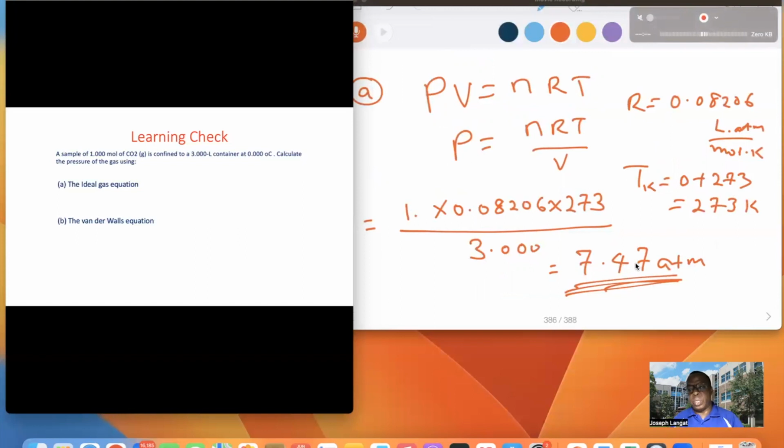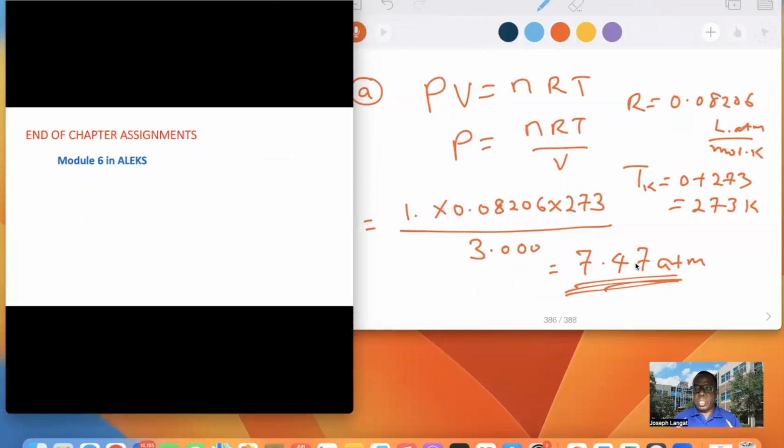So we have to do the volume correction, because they do occupy space in the volume of a container. Likewise, gas particles attract one another. So therefore, we need to take into account the pressure correction. And with that, you don't end up with the same answer.